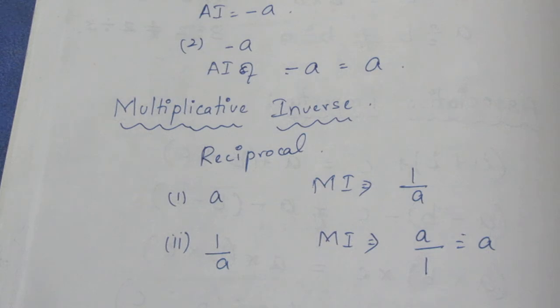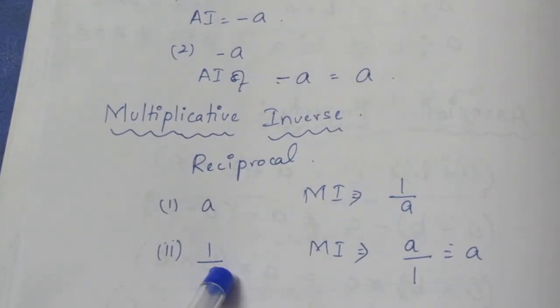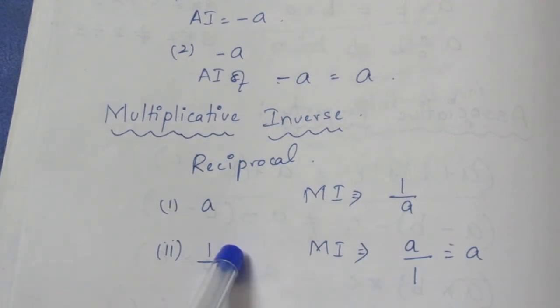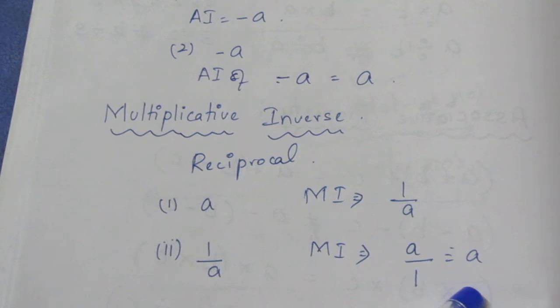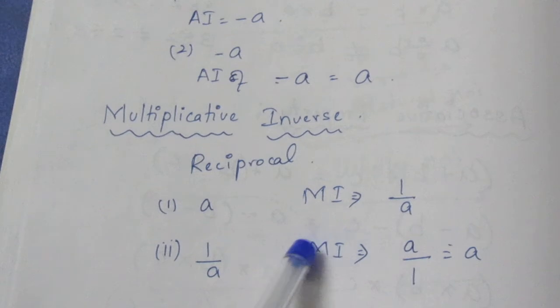We should change only the number as reciprocal, not the sign. If it is plus, it will be plus only. If it is minus, it will be minus. So a will become 1 by a. 1 by a will become a by 1, which is nothing but the numerator will come to the denominator and the denominator will come to the numerator. So a by 1, which is nothing but a. If there is nothing in the denominator, it is by 1.